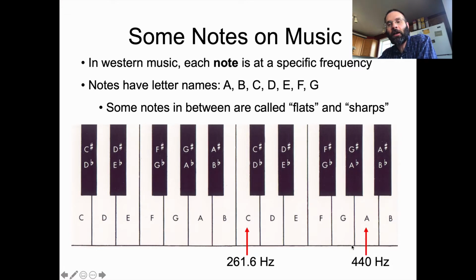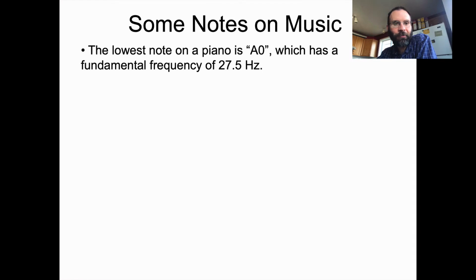There's also a kind of famous frequency. The A above middle C, if you move on up the scale to this key here, is tuned to 440 hertz, generally speaking, in Western music. And there's kind of a reason for that. The lowest note on a piano is the lowest A note, which is called A0, and that has a fundamental frequency of 27.5 hertz.